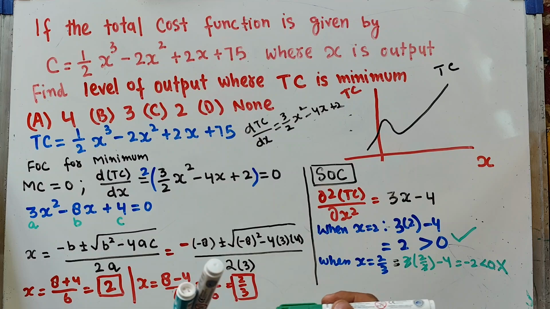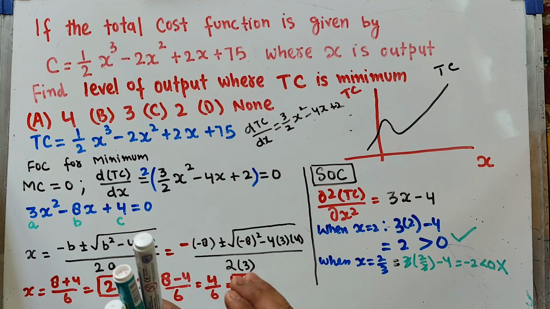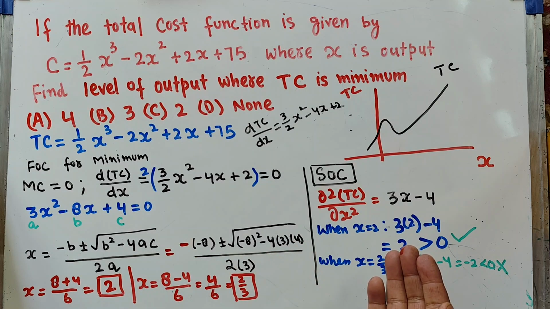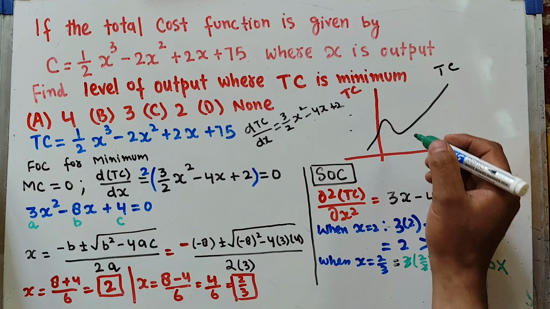So the first order condition simply tells us the point where the slope is equal to 0, and the second order condition tells us that if the second order derivative comes out to be positive, we say we are at a minimum. If the second order derivative comes out to be negative, we are at a maximum.